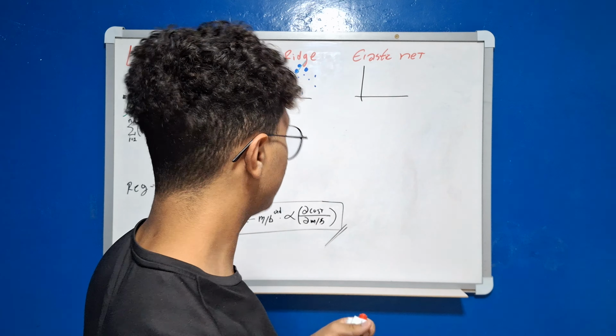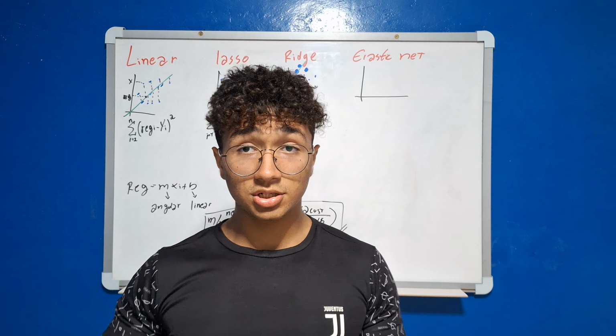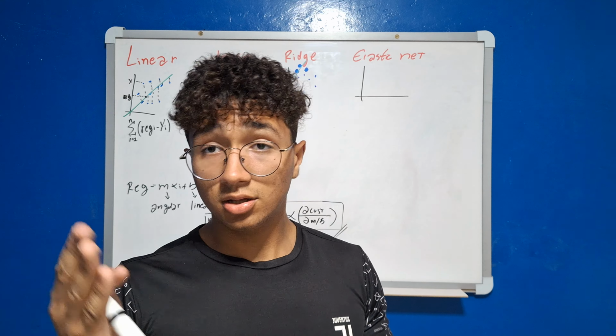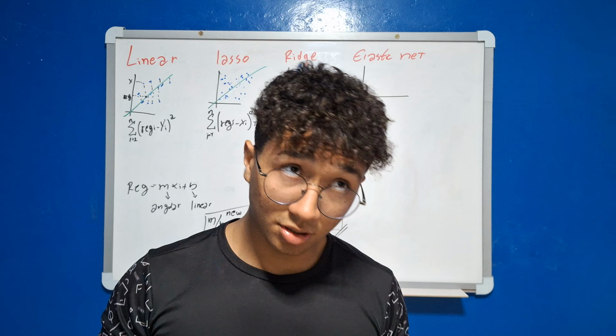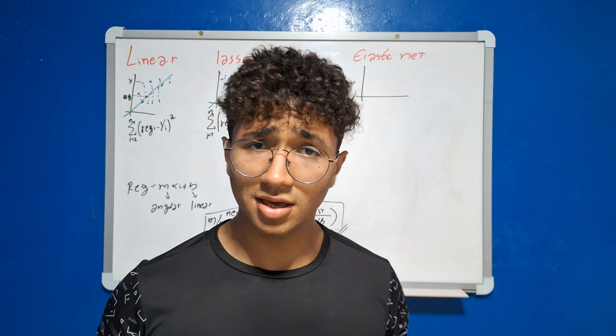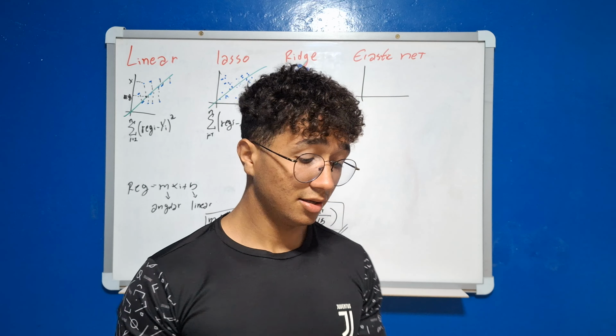The ridge is the quadratic, and the quadratic will not clean. It normalizes the big points, so that we don't have big points.